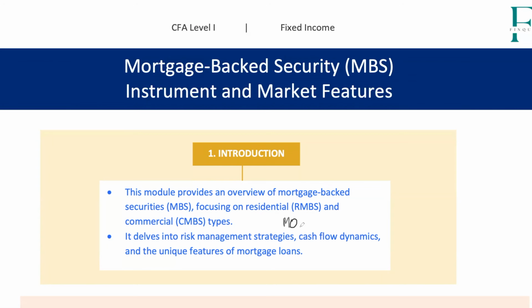You now have a solid grasp of the different types and structures. We dug into key risks like prepayment and extension risks and learned how tranching helps manage these, plus the importance of metrics like loan-to-value, LTV, and debt service coverage ratio, DSCR, for evaluating creditworthiness.